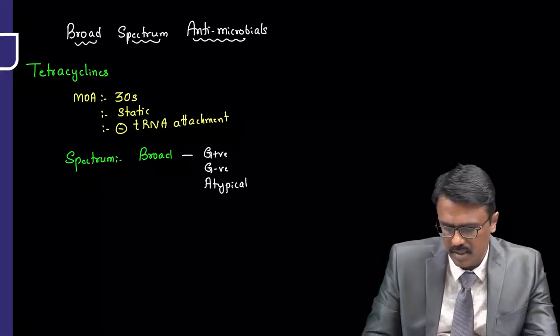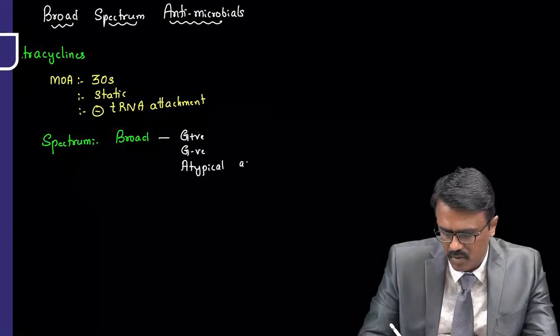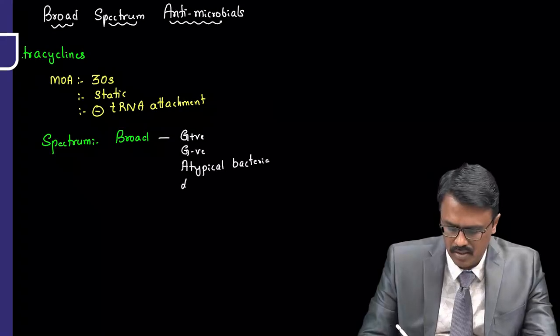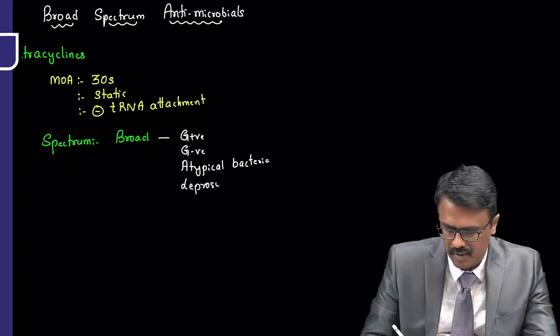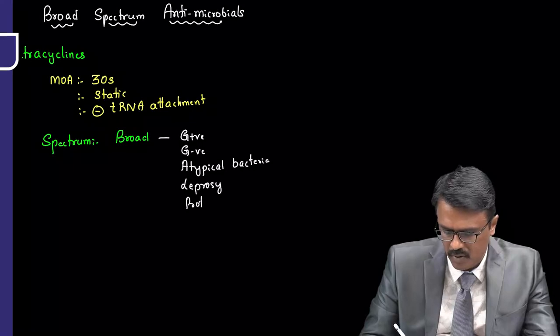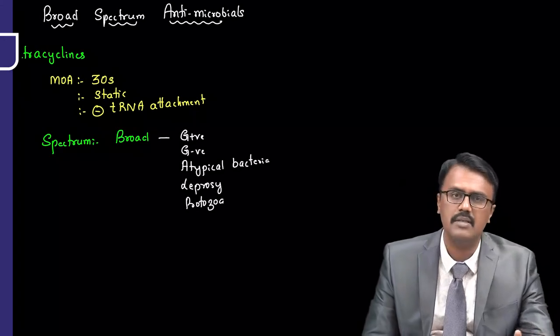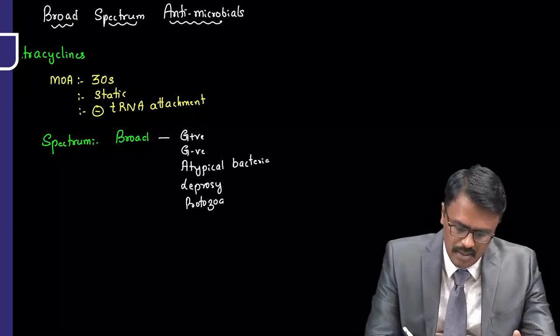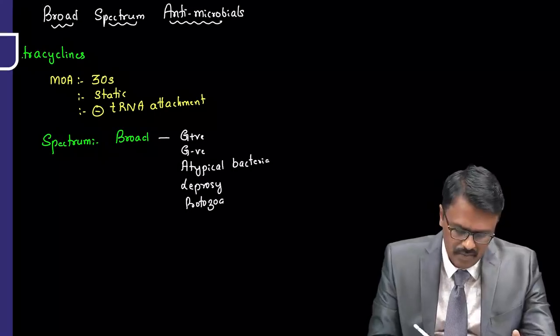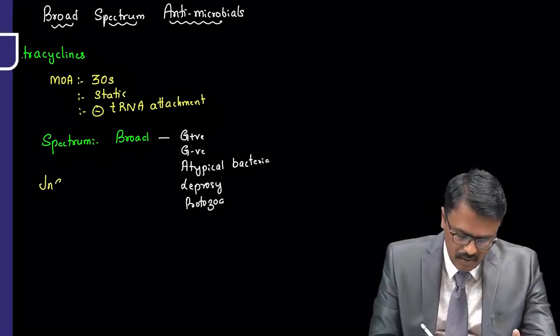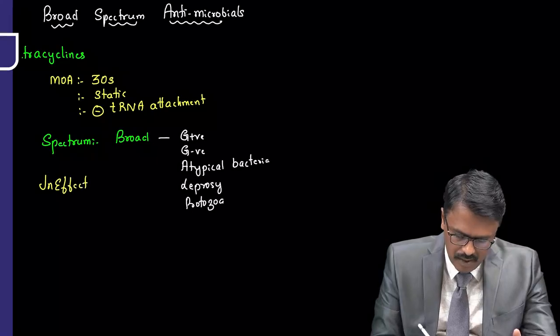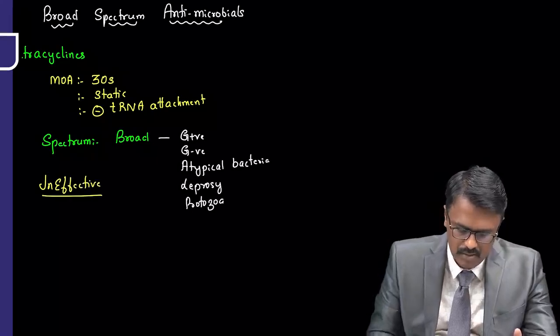So what are the atypical bacteria like chlamydia, mycoplasma? Those are also covered. It can be used to treat leprosy, protozoa like amoeba. You can treat malaria with that. That's the reason. But tetracyclines are ineffective, very much important, on certain organisms.